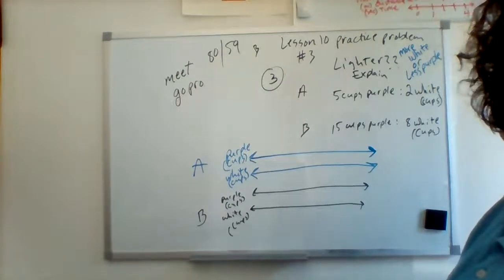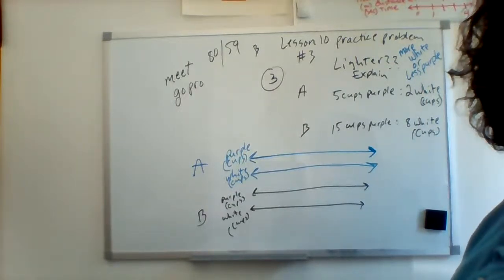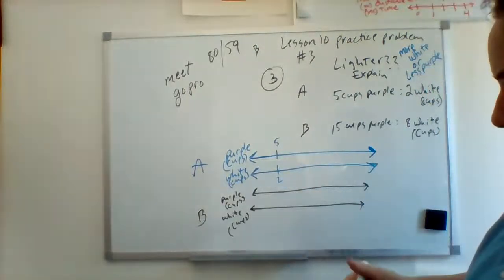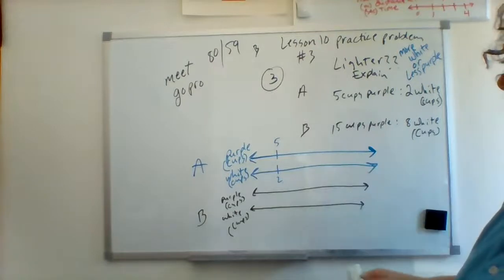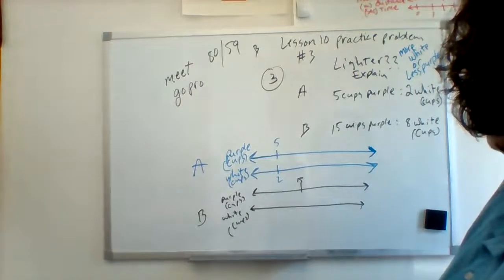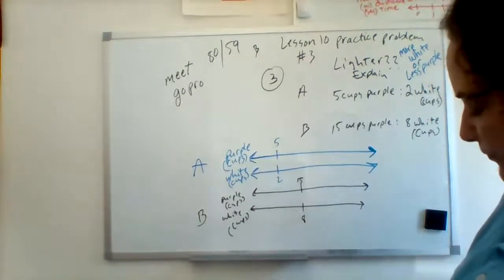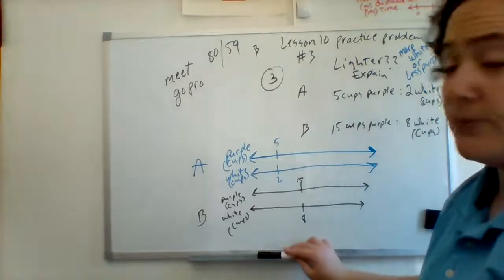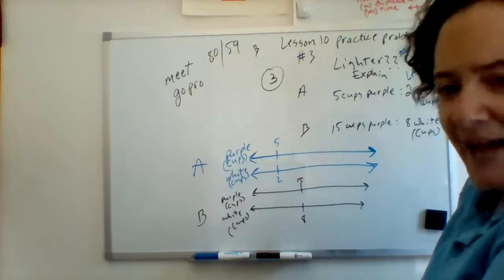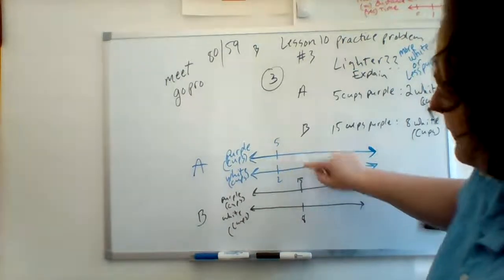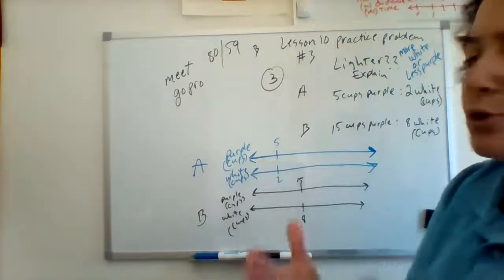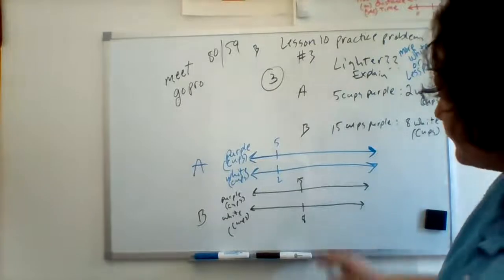A says that 5 mixes with 2. 5 mixes with 2. And for this one, it says that 15 matches with 8. Okay, now something that I noticed about this problem that hopefully helps you. Exactly. 15 and 5 are both in the purple quantity, and those two have 5 in common.